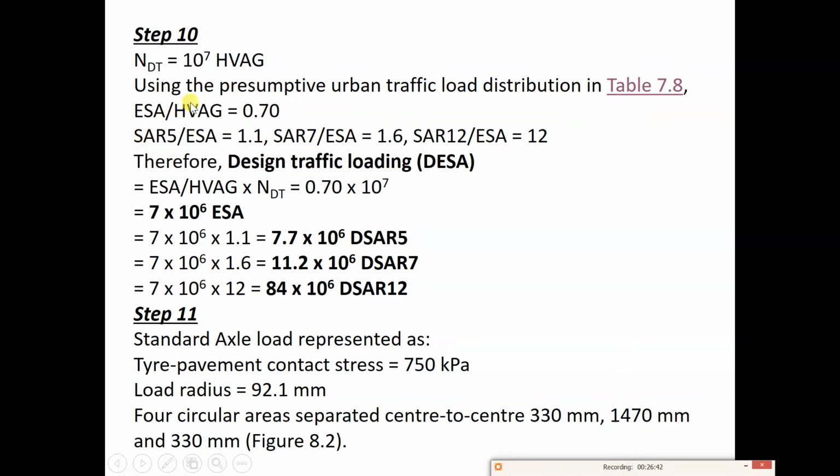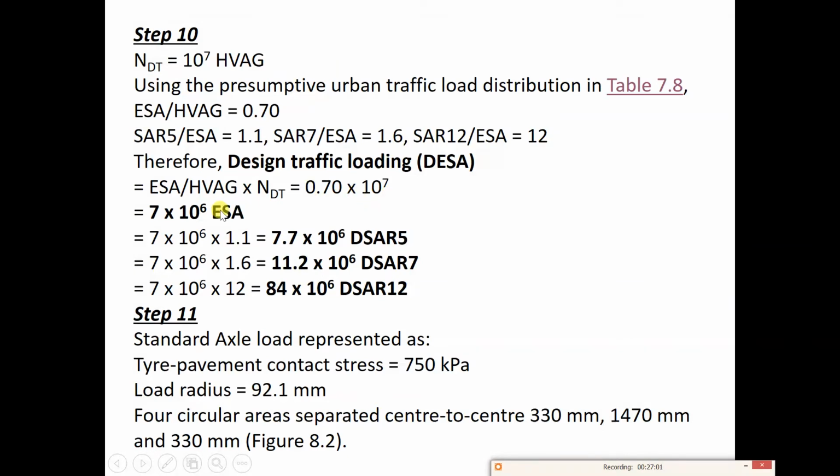So the design traffic is equal to 10 to the power 7 HVAG. HVAG, we need to convert to the DSA.